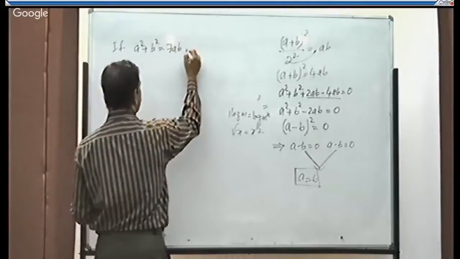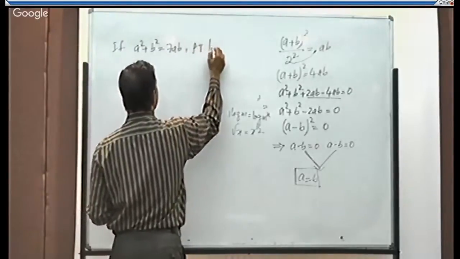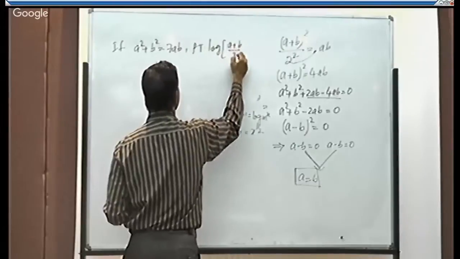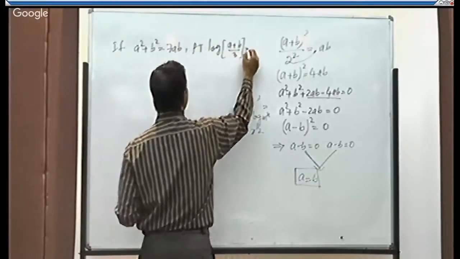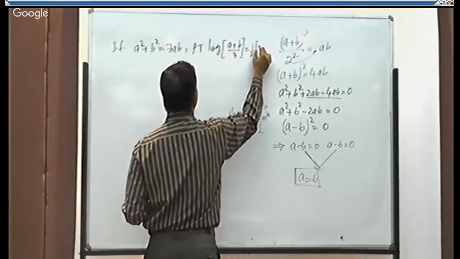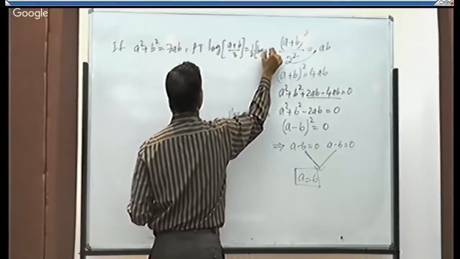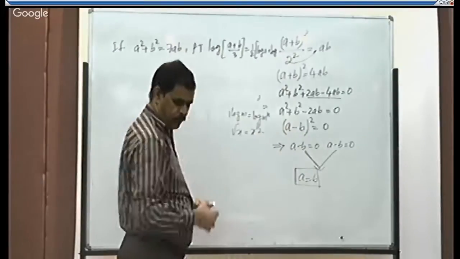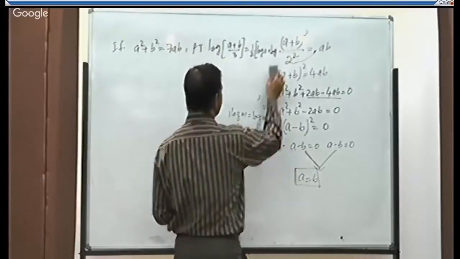With this, we need to prove that log of (a plus b) divided by 3 is equal to 1 by 2 into (log of a plus log of b).